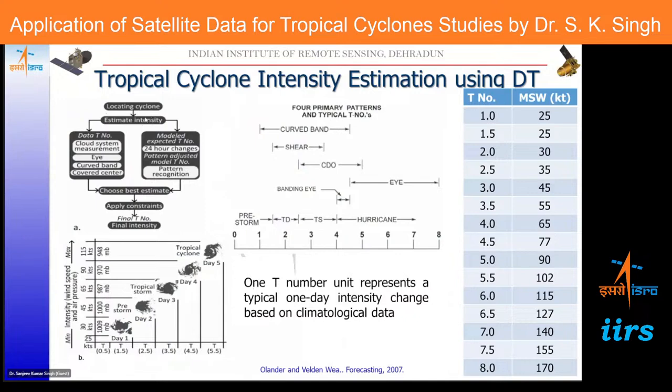First, they take the images and try to find the pattern, and based on the pattern they assign the T number. For conversion of the T number to current intensity, they use this table. If the T number is 1.0, the intensity will be 25 knots. If the T number is 1.5, the intensity will be 25 knots. Based on that, they provide the intensity information of the tropical cyclone.